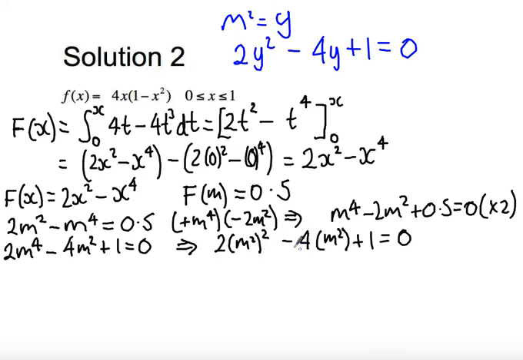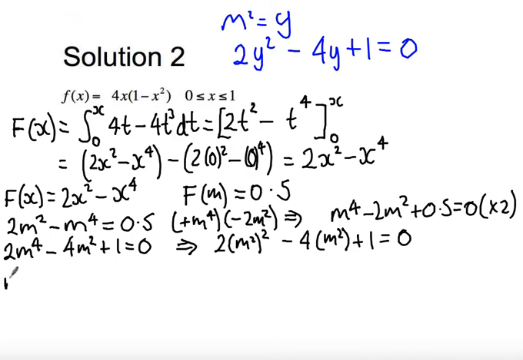If I try to factorize and solve this to find values for m squared, you'll find that actually this is unfactorizable, because there are no factors of 2 which will sum to give me minus 4. So I'm going to use the quadratic formula to solve this anyway.